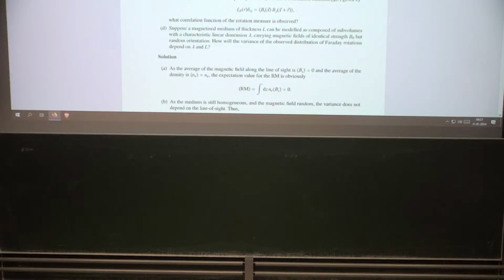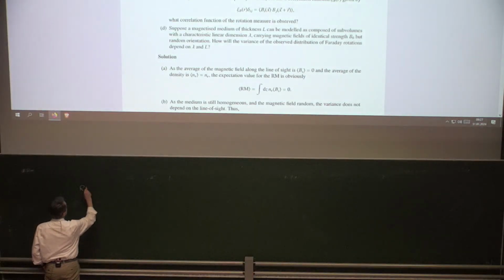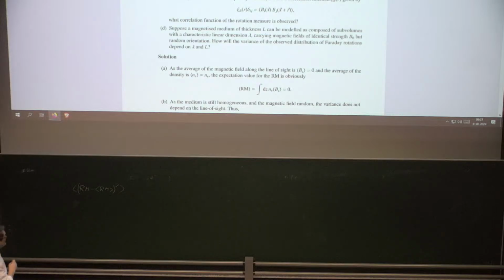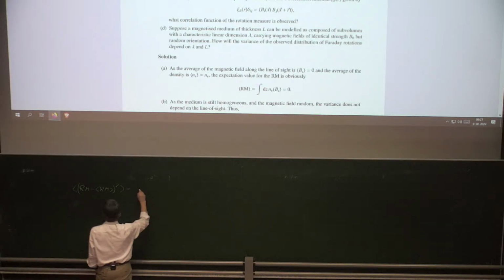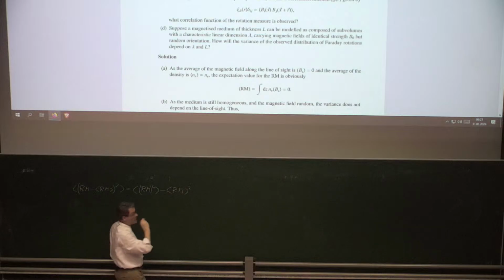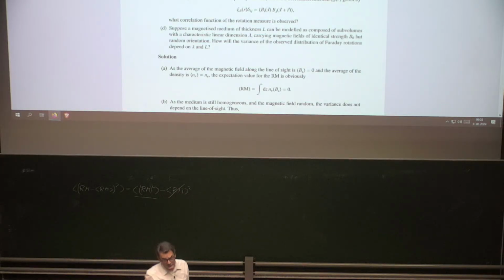So the idea is that you calculate this thing. And so this would be this. That goes away. So that remains. And then you see in the integral for that, you get a B squared.